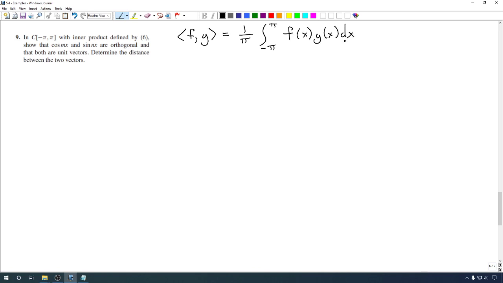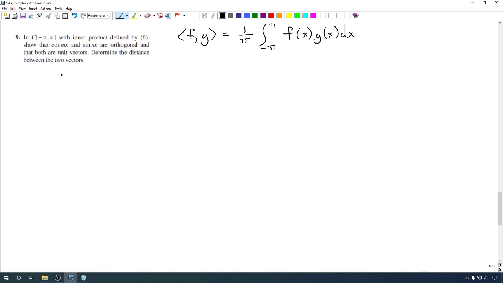We want to look at the functions cosine of mx and sine of nx. Here m and n might be the same or they might be different. We're not really told. A lot of times what people do for this particular inner product space is allow all the m's and all the n's and have a whole bunch of vectors that are defined as cosines and sines.